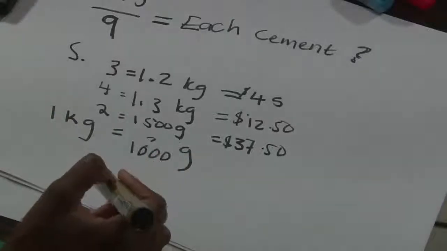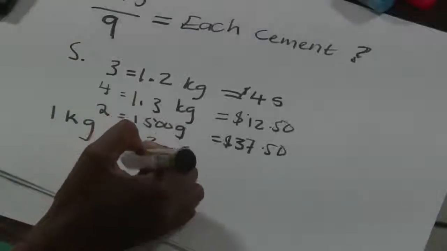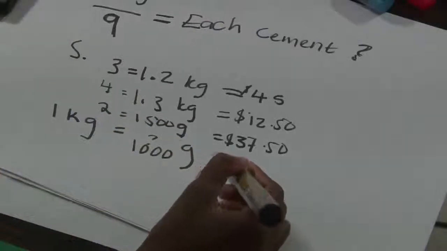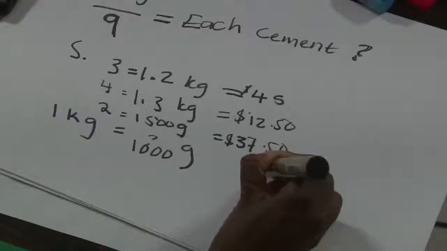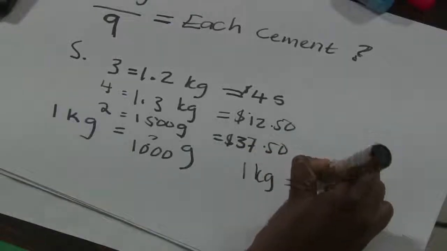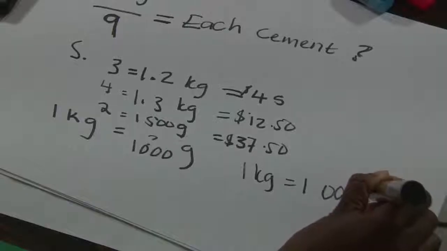So what you are going to do is divide, because 1 kilogram is equal to 1,000 grams.